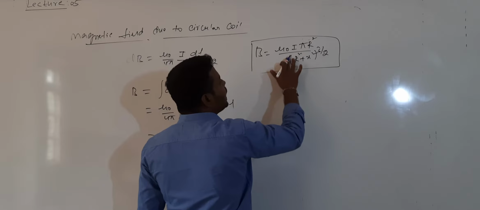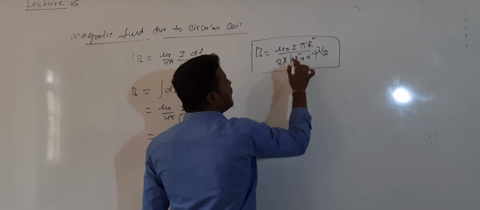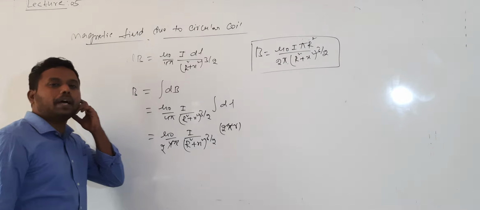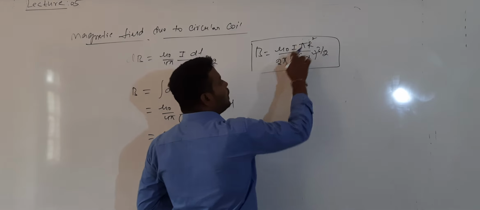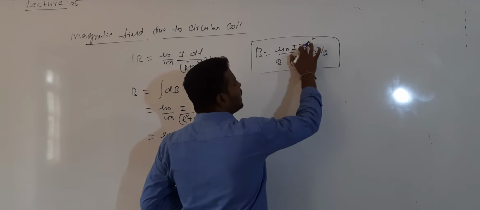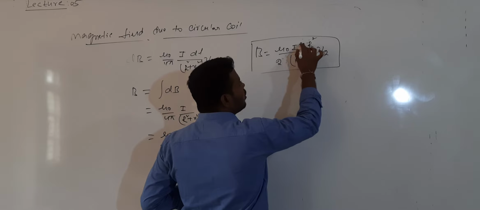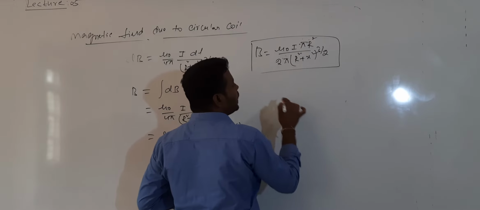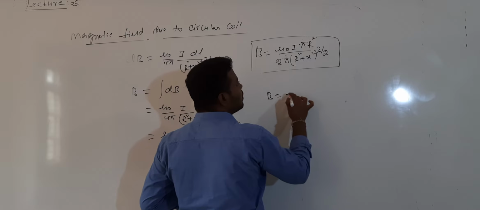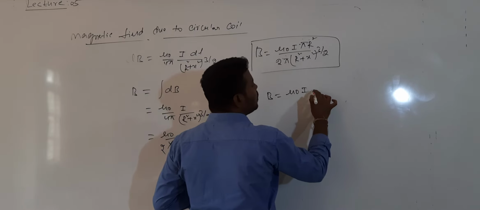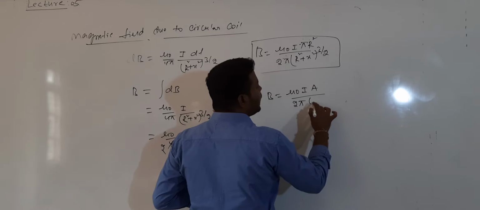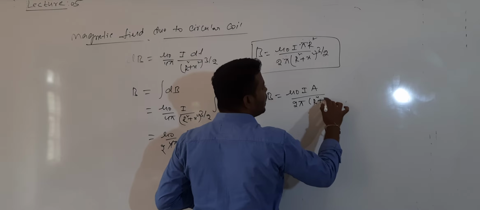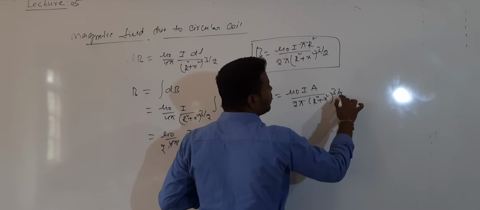There I had written mu naught into I into pi into r square. I can write pi into r square only when I multiply numerator and denominator with pi. If I do not multiply numerator and denominator with pi, I cannot write it. Then only I can write mu naught into I into pi r square, which is A, divided by 2 pi into r square plus x square whole power 3 by 2.